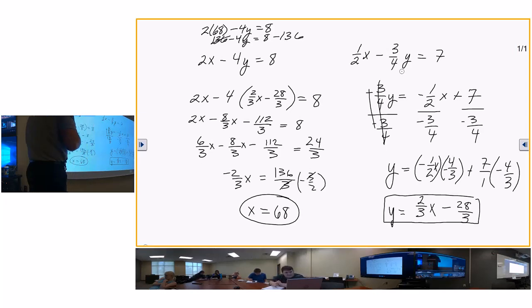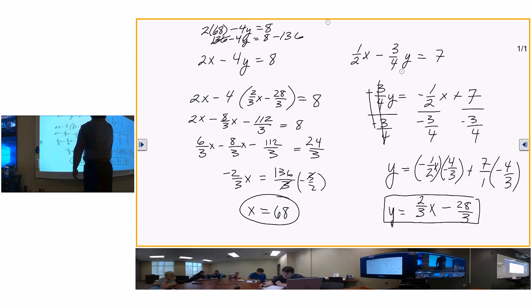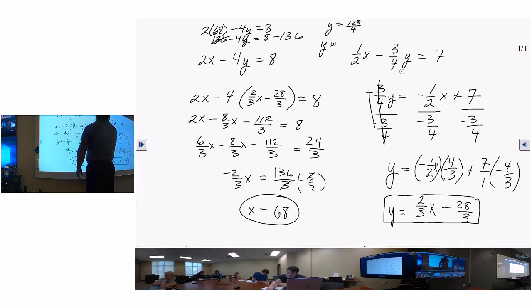And 8 minus 136 is negative 128. So y is equal to 128 divided by 4, right? Or is it negative 4? Well, it's going to be positive because this is going to be negative, right? So it's going to come out to be 32. Yes, sir. y is equal to 32.